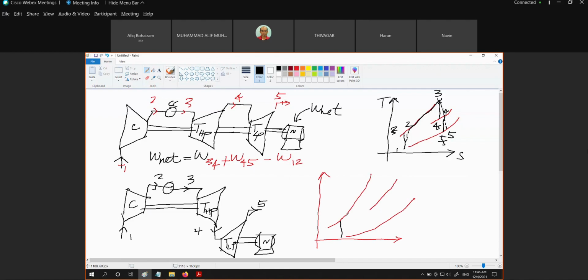Compression process, Q supplied, expansion in the high pressure turbine, expansion in the low pressure turbine.